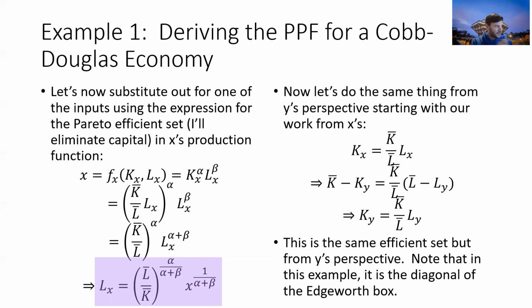So we have LX as a function of X. We're going to get LY as a function of Y. And then we're going to plug them into the resource constraint. That's going to give me a relationship between X and Y when we're using all the resources with the Pareto efficient set plugged in, which should correspond to the definition of our production possibilities frontier.